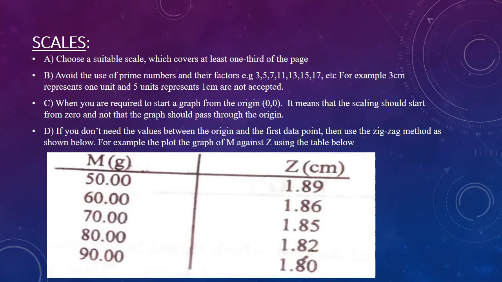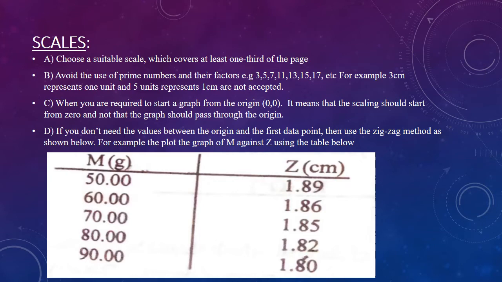Also, the cm that will be used, this should be avoided. When one is required to start a graph from 0, it means that the scaling should start from 0 and not that the graph should pass through the origin.